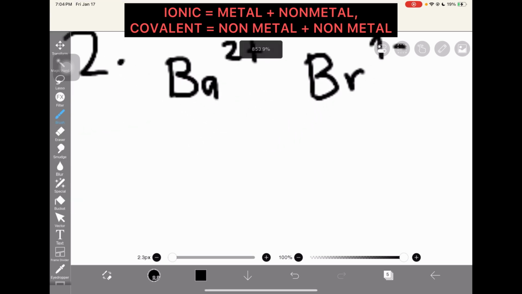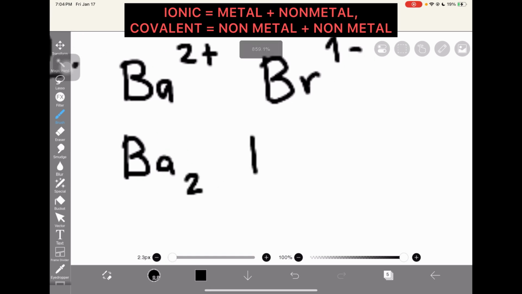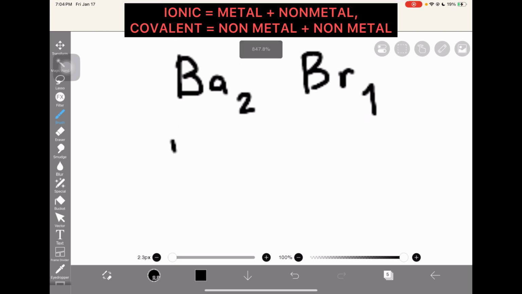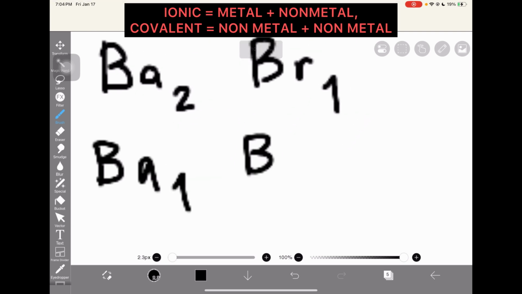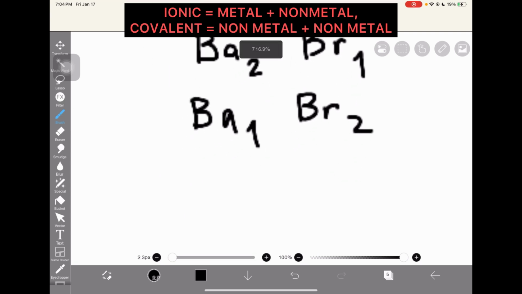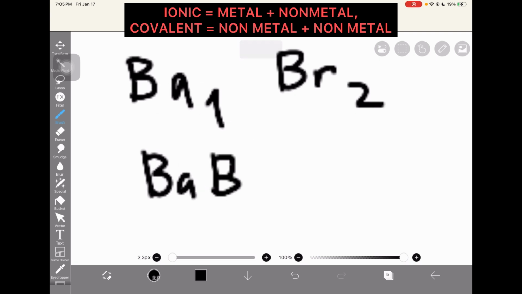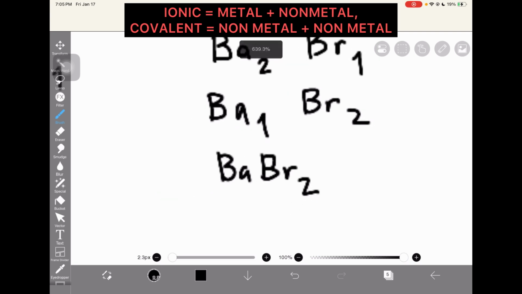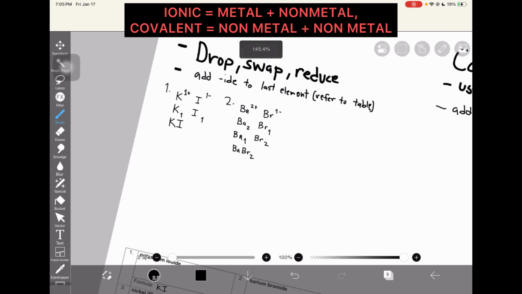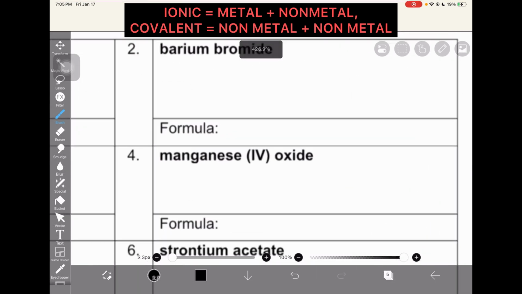Once again, drop the signs and the numbers, leaving Ba2 and Br1 respectively. Swap the positions of the numbers: Ba1, Br2. Lastly, reduce any common factors and number ones. So it's just BaBr2. The answer for number 2 is BaBr2.